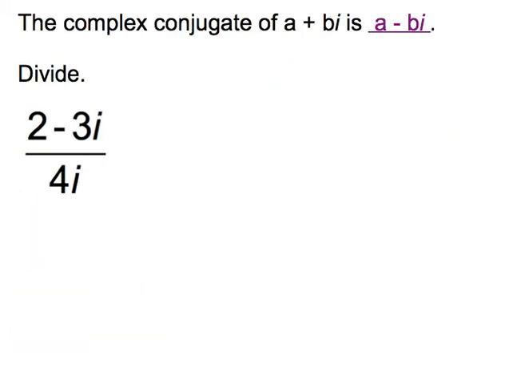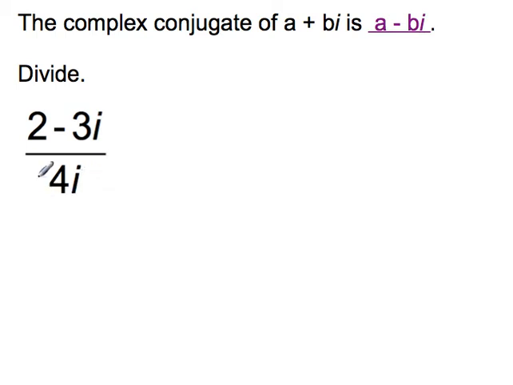The complex conjugate of a plus bi is a minus bi. We talked about conjugates before when we talked about radicals. Now, if you think about i, that is the square root of -1. Remember, we can't have radicals in the denominator, so I actually need to get rid of this i down here in the denominator.